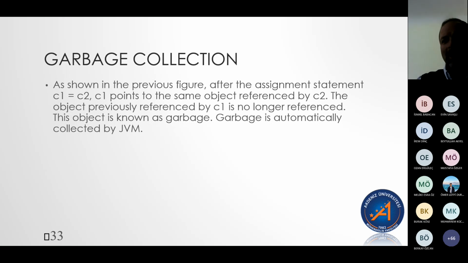The program can't get to it anymore, so it might as well not even be there. So when it senses that, it collects that memory space and allows it to be used for other programs or for new objects that get created. Okay, that helps speed up the program.